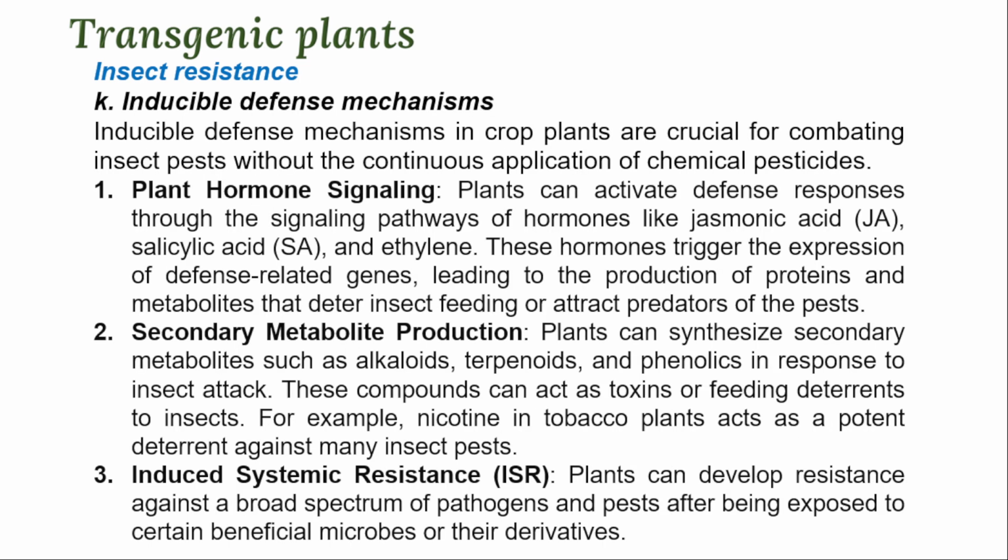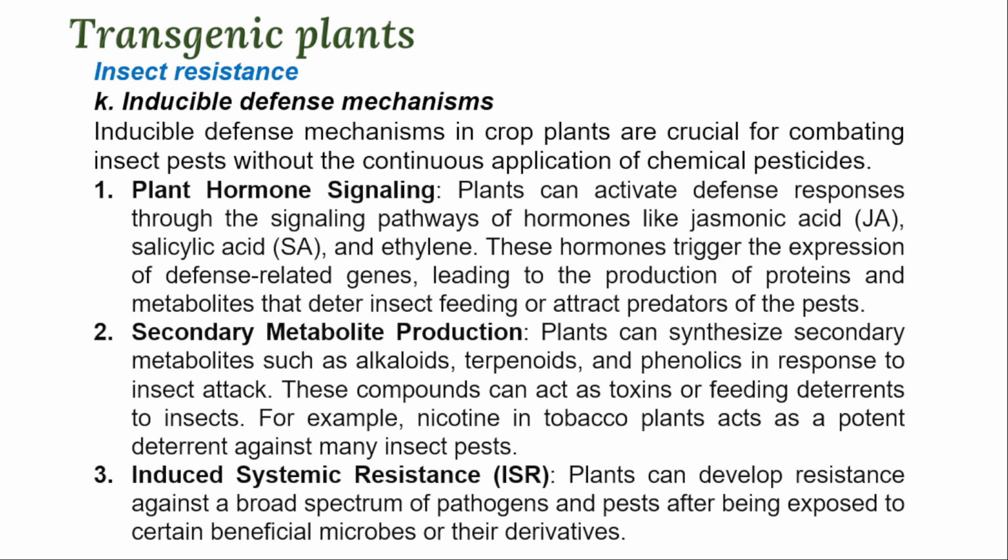We can also go with other strategies, such as inducible defense mechanisms, where we enhance plant hormones like jasmonic acid, salicylic acid, or ethylene, or engineer the plants in such a way that they produce more secondary metabolites.